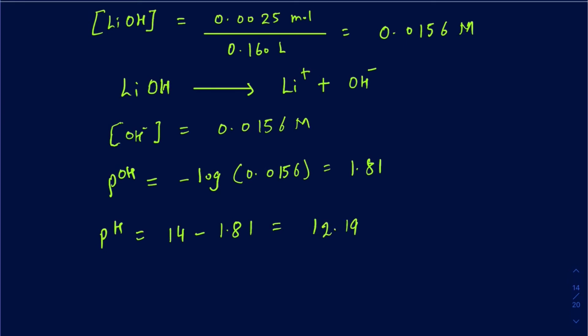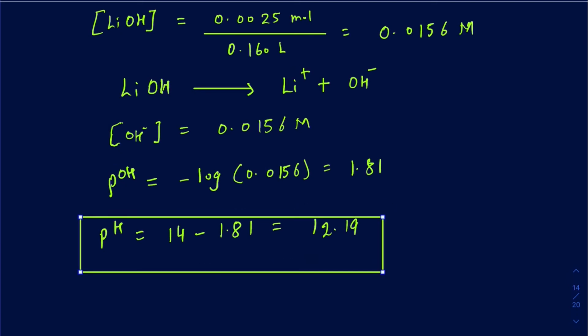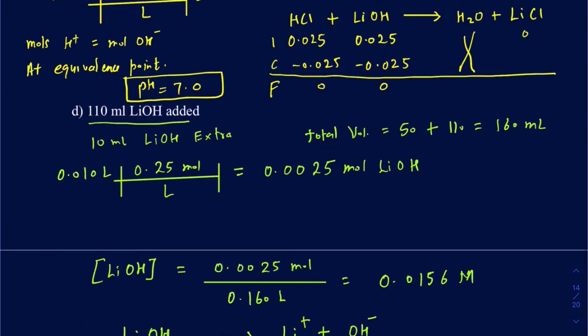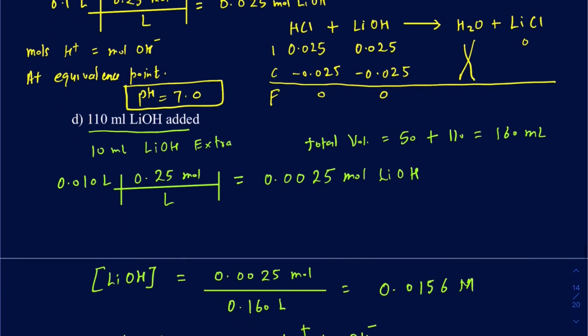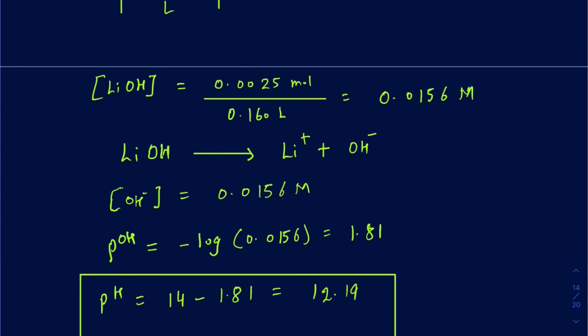So that's going to be the final pH after adding 110 milliliters of your LiOH, which makes sense because now you passed the equivalence point. Now you're going to have an extra base in there. So that extra strong base is going to give you a basic pH, which is going to be closer to 14. And that's exactly what we get. We get 12.19.